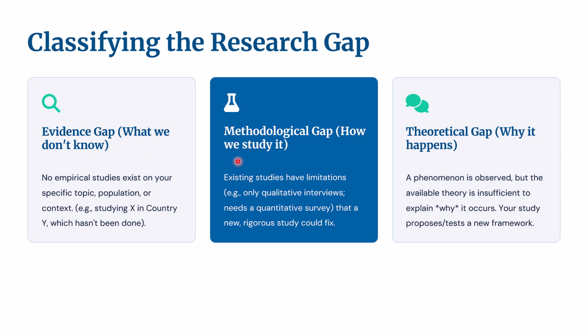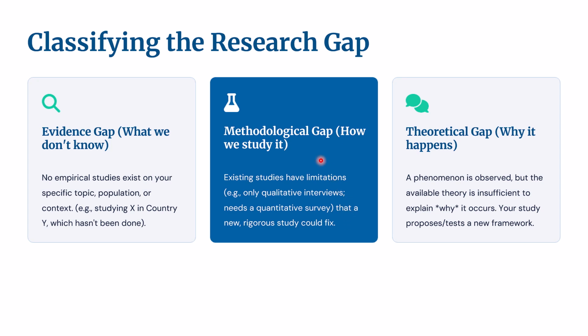The second type of gap is methodological gap. Yes, how we study it. Existing studies have limitations. For example, only qualitative interviews, so it needs a quantitative survey that a new rigorous study could fix.